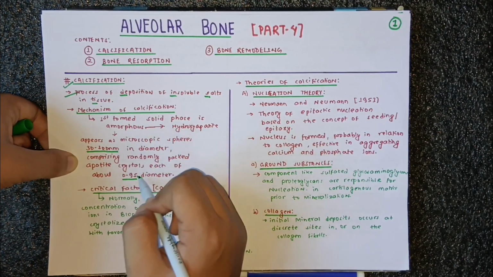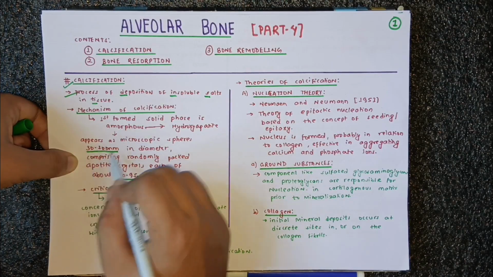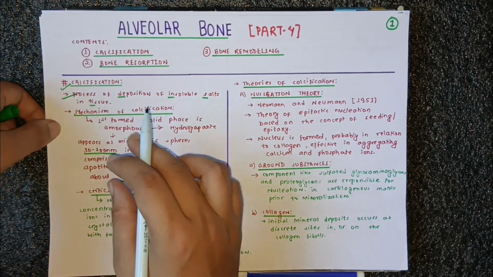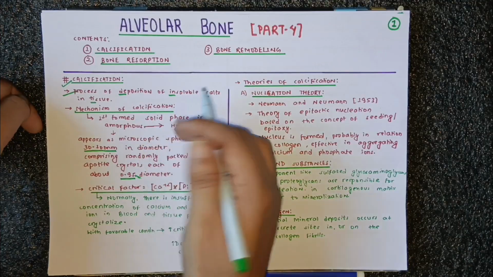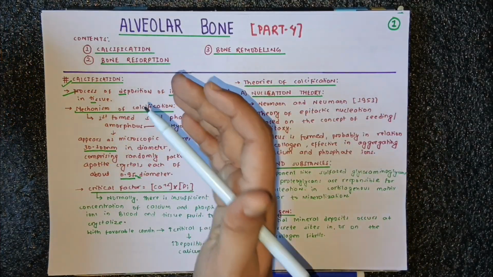So this is the hydroxyapatite crystal dimension, and that is the amorphous state dimension. In the mechanism, just think that the amorphous form changes to the hydroxyapatite form, meaning the amorphous form changes to the crystal form.